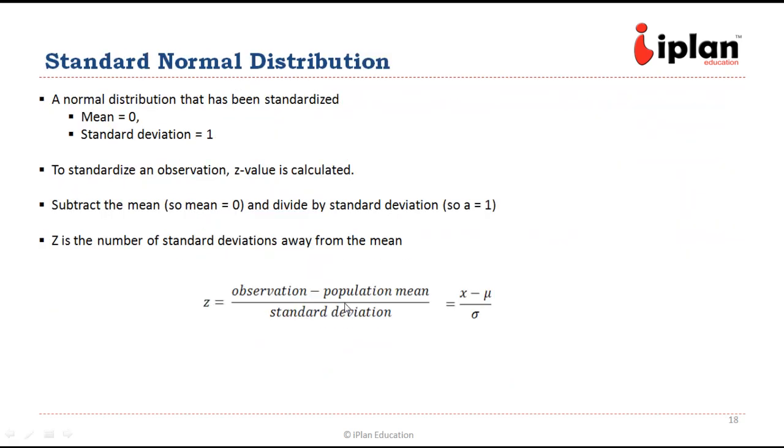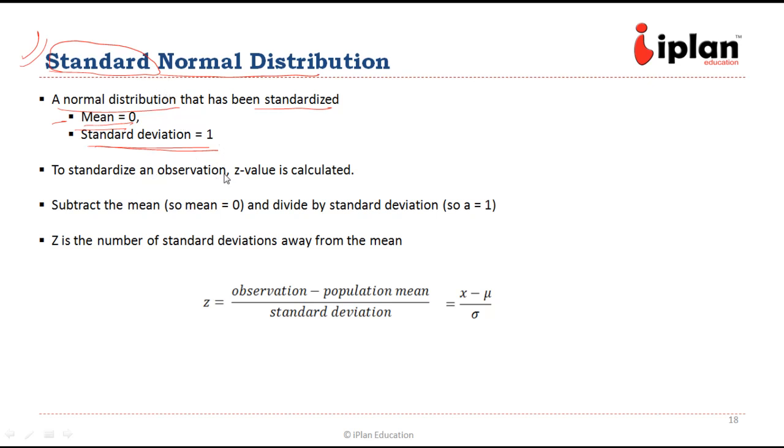Now let us look at the specific case of normal distribution, the standard normal distribution. What is standard? This is a specific case of normal distribution which is standardized, with mean to be 0 and standard deviation to be 1. If this is the case and the distribution is normally distributed, then we call it standard normal distribution.